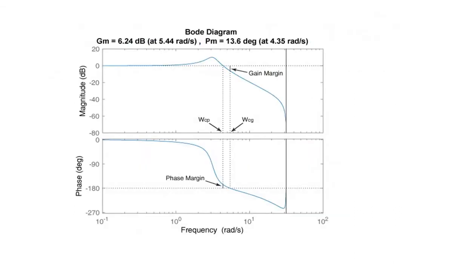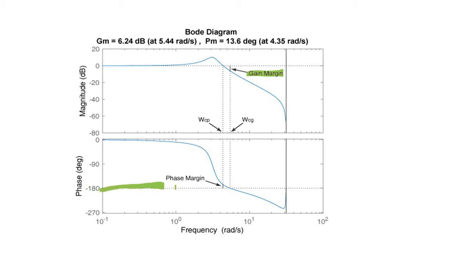So this is another example of a Bode diagram. How do we get the phase margin and gain margin? In order for us to find the gain margin here, we need to look at the phase at 180 degrees.